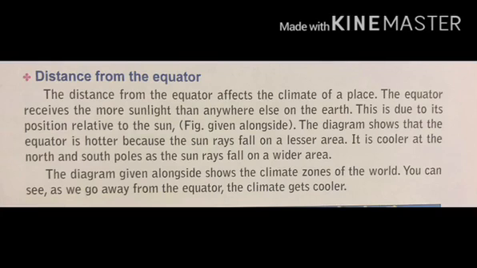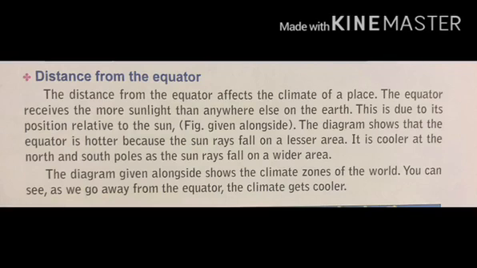It is cooler at the northern and southern poles as the sun's rays fall on a wider area. The diagram shows the climatic zones of the world. You can see that as we go away from the equator, the climate gets cooler.